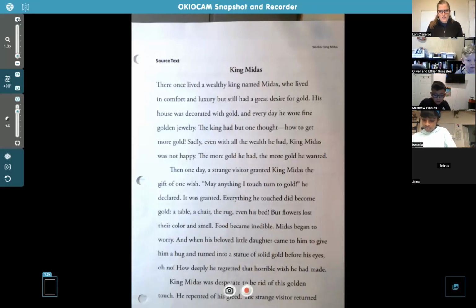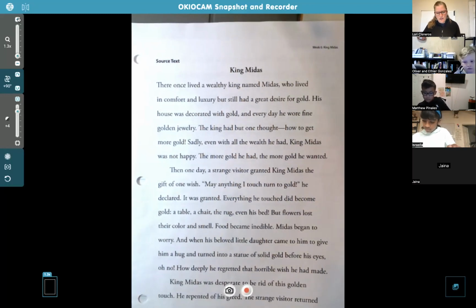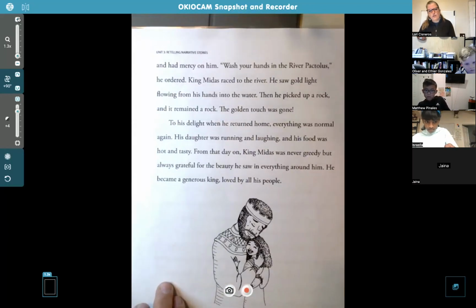He got his wish, and then he realized it wasn't all that he thought it was going to be, especially when his daughter turned to gold. So he learned that lesson that greed can get the best of you. It can make life difficult sometimes. So be careful about greed. It's never a good thing.